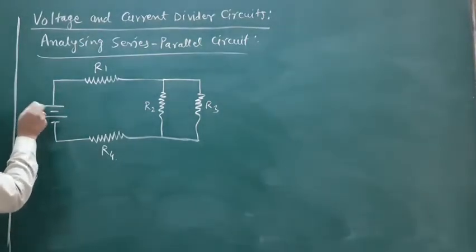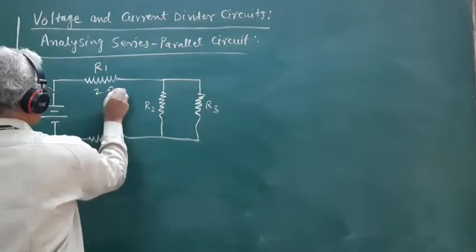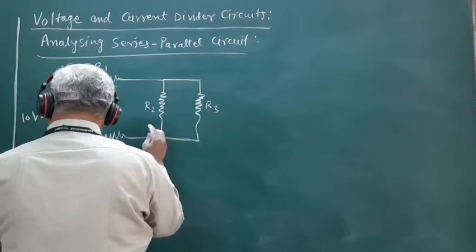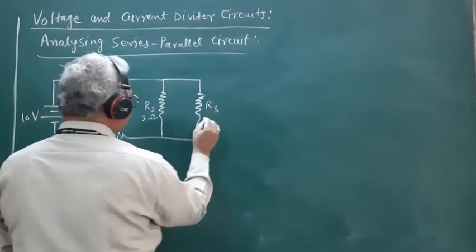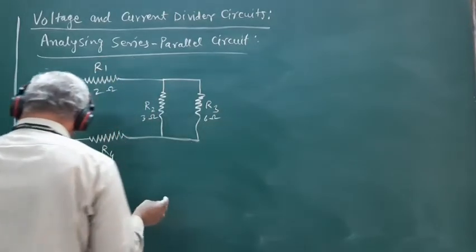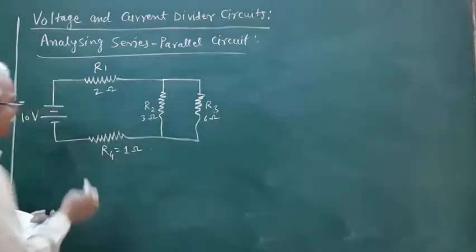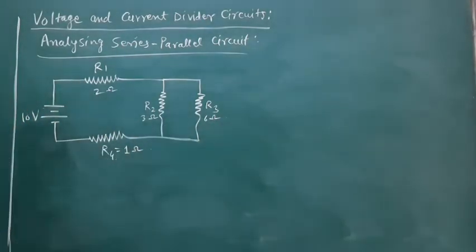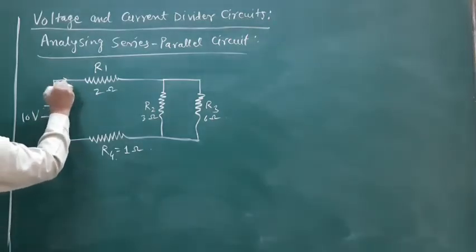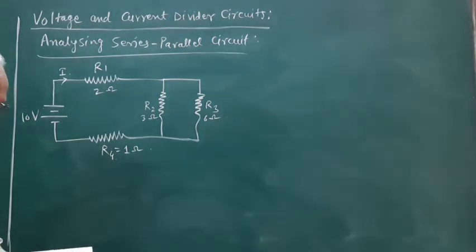Take the value of R1 as 2 ohm, R2 is 3 ohm, R3 is 6 ohm and R4 is 1 ohm. The total current I will be drawn from the source.